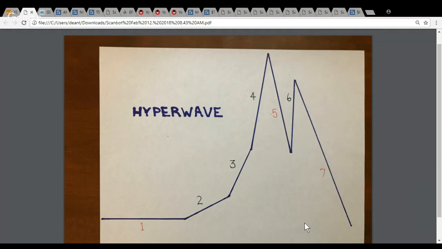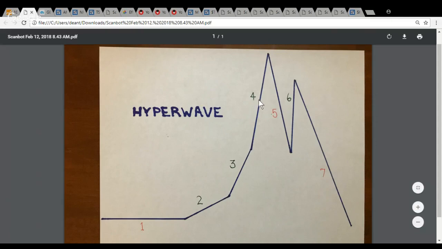You can make a lot of money as a trader if you know something is in a hyperwave, because you know that each of these angles is going to get higher and higher, and you know exactly where your stop points are on all 3 of these, which is the line itself, because the price is always going to be above these lines all the way until you get to 5, and then it's going to be below the line.